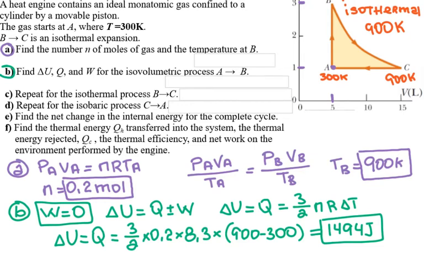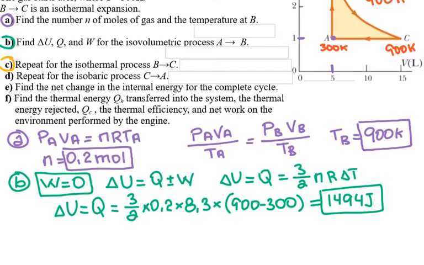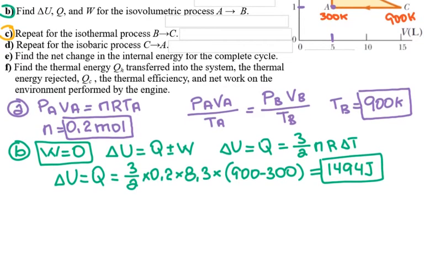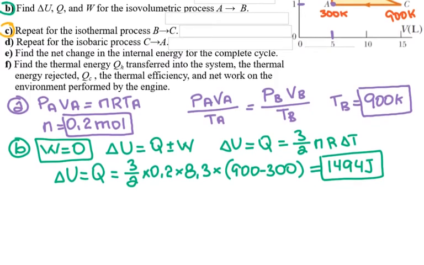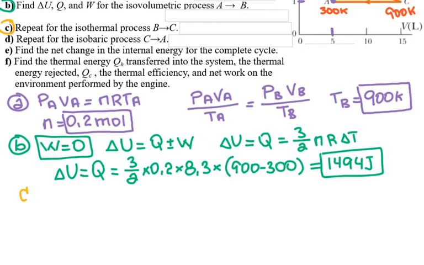For C, they ask you to repeat for the isothermal process between B and C. So they want you to calculate the work done, the internal energy, and the heat between B and C. So for C, I have the internal energy again is equal to the heat added into the system and the work done on the gas or by the gas.